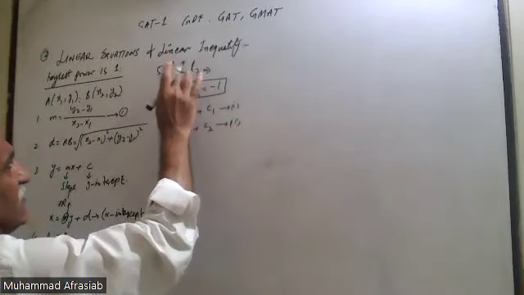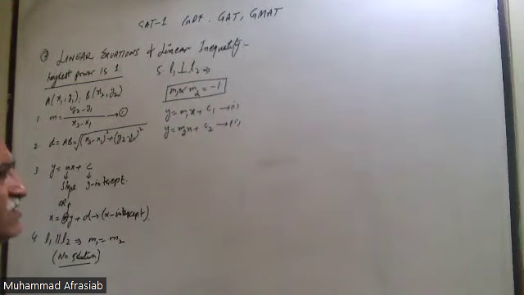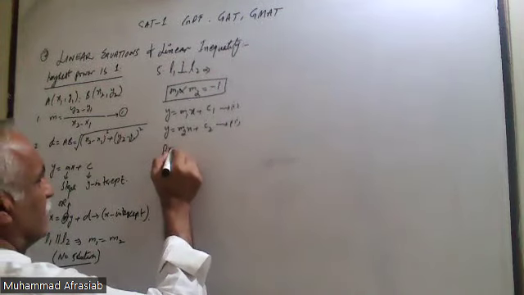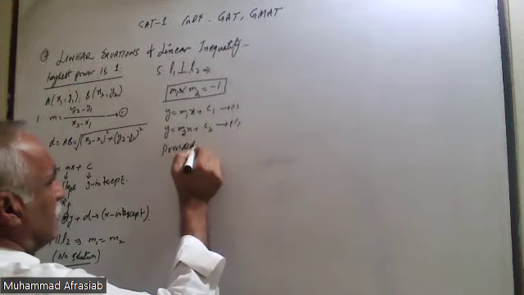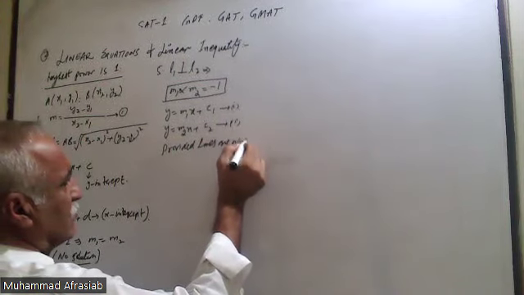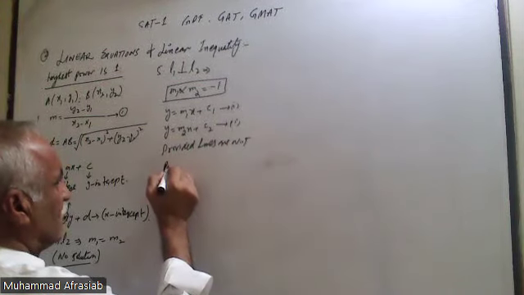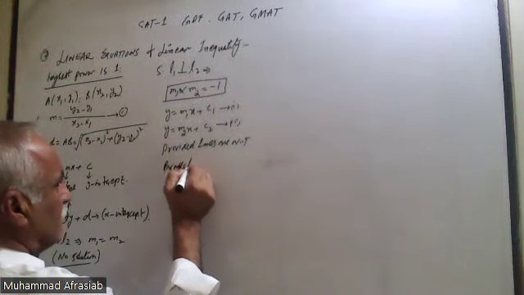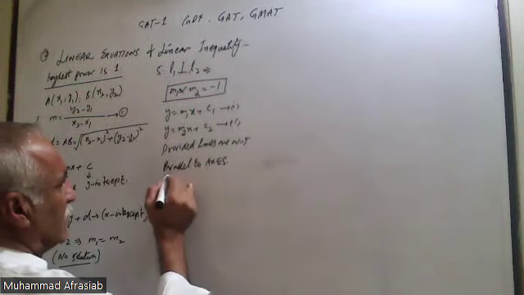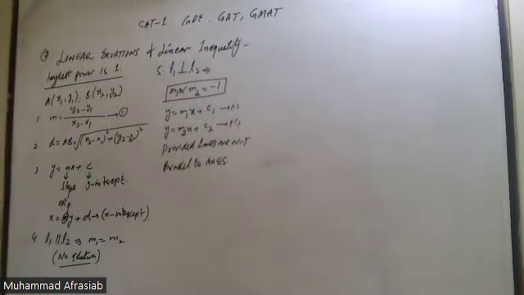If the lines are perpendicular to each other, then the product of their slopes is equal to -1, provided the lines are not parallel to the axes.